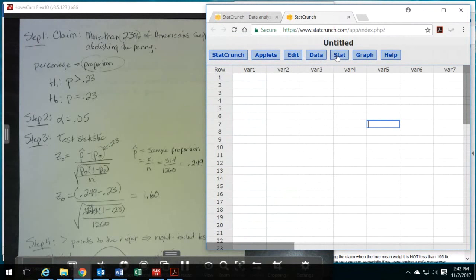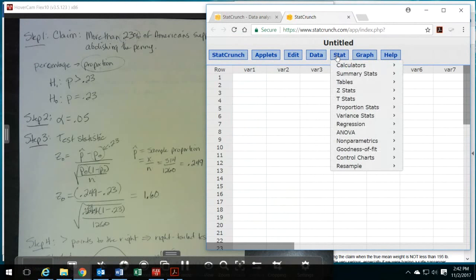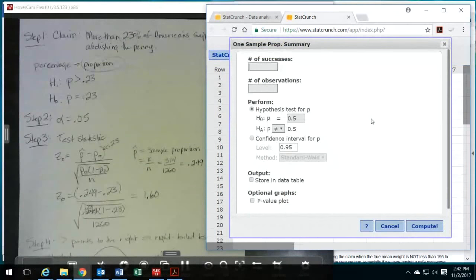Since we don't have the original data, we just have some summary values, we're going to do Stat, Proportion Stats. This is for just one sample, and we don't have the original data, so we're going to say with summary.